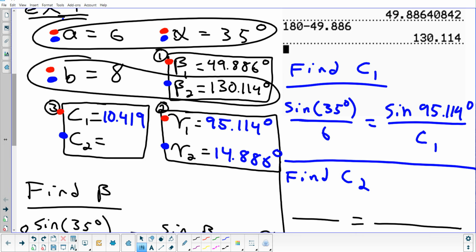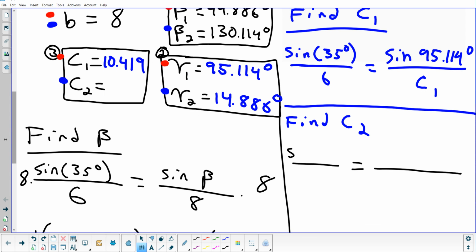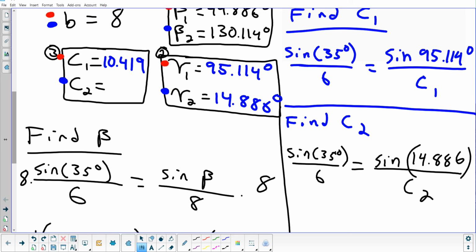I would stick with the 35 over 6. So sine 35 over 6 equals, and Brian, what's going to go on the other side? Sine 14.886 over C2. Yep, over C2.